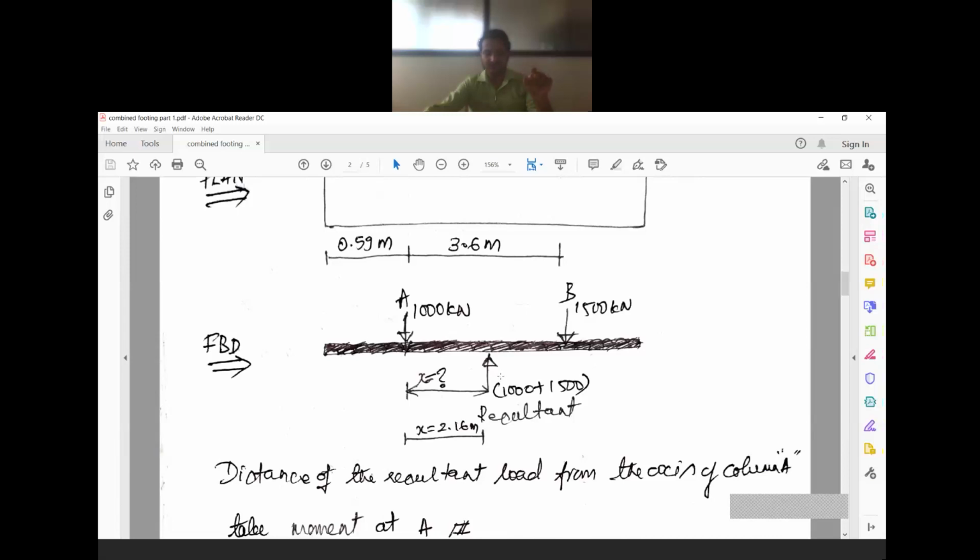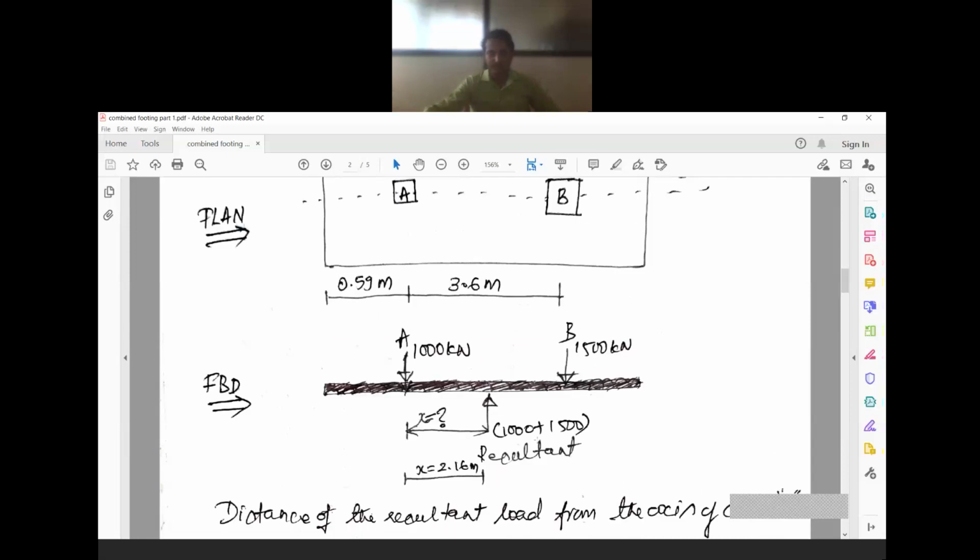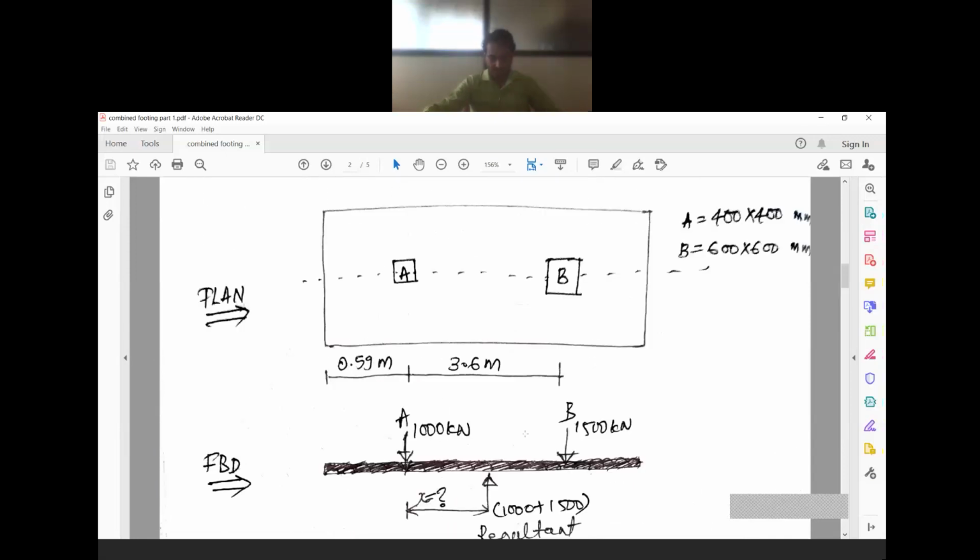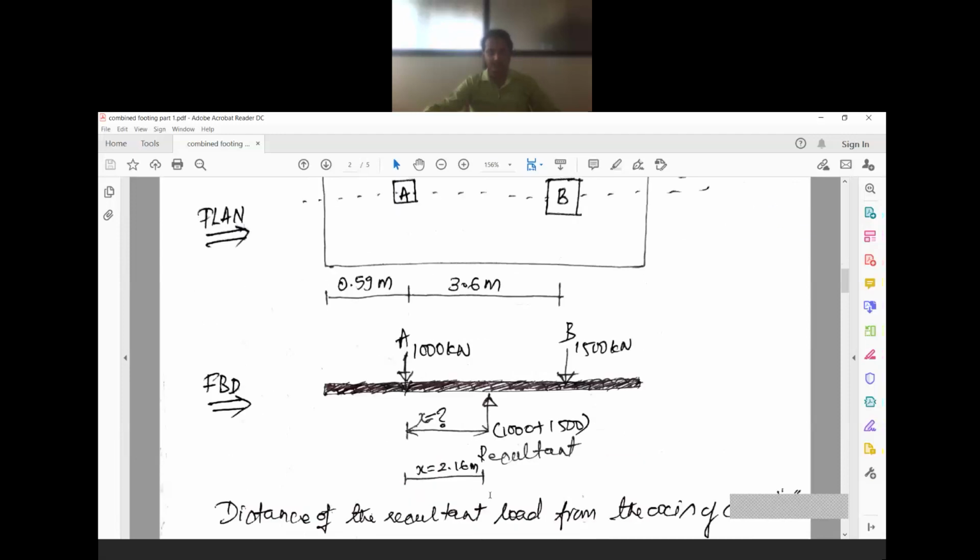The centroid of the foundation and the resultant of column load have to coincide, they have to merge. If we do so, we will be able to design a safe combined footing. So that is the concept, but we don't know where this resultant will occur.